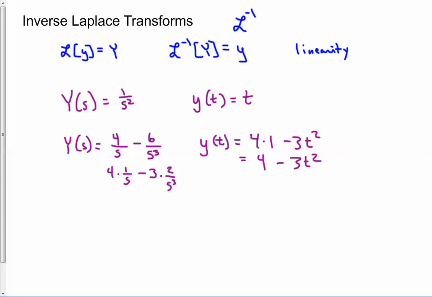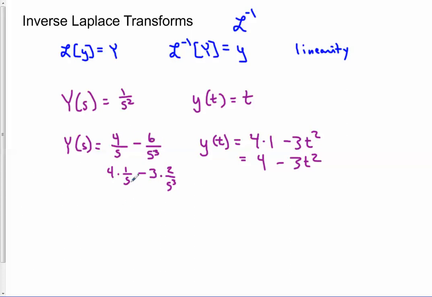The only way that this can get much trickier is when your capital Y comes to you in a form that doesn't make it obvious that it matches up with the ones you know. Let me play off of the one that I just showed you. This one's not that bad: 4 over s minus 6 over s cubed.